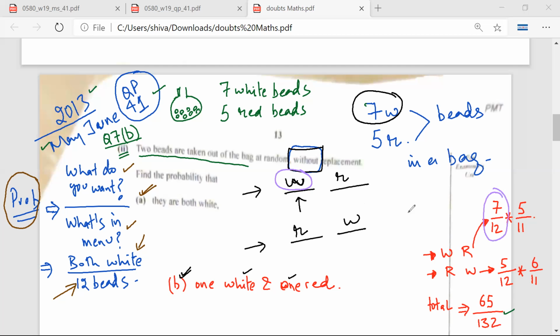Once I have taken a white bead out, I need to take a red bead out. Now red would be 5, but the total number of beads would be 6 plus 5, which is 11. Mr. Rudra, any doubt? No, sir. So the probability in the second turn of having a red out would be 5 by 11.